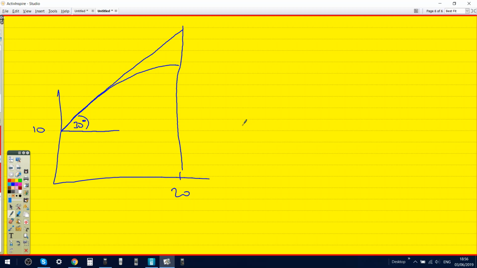If you resolve different ways, what I was doing was resolving the vertical and horizontal, and then I looked at the time it took to go up, stop, and then fall down again. But that was wrong. So going up, a is minus 9.8.